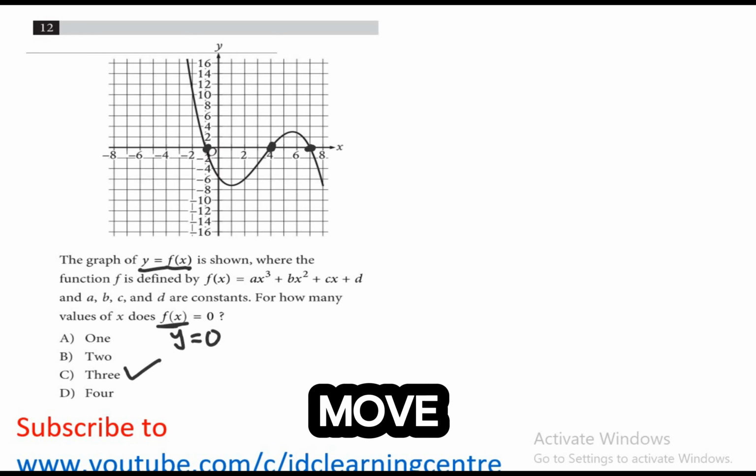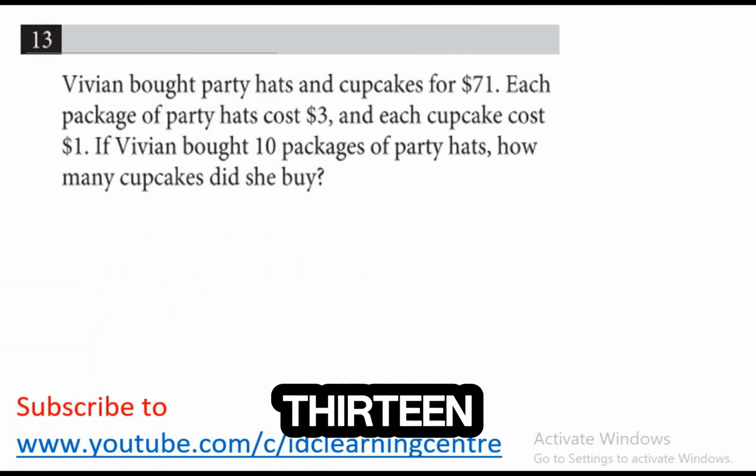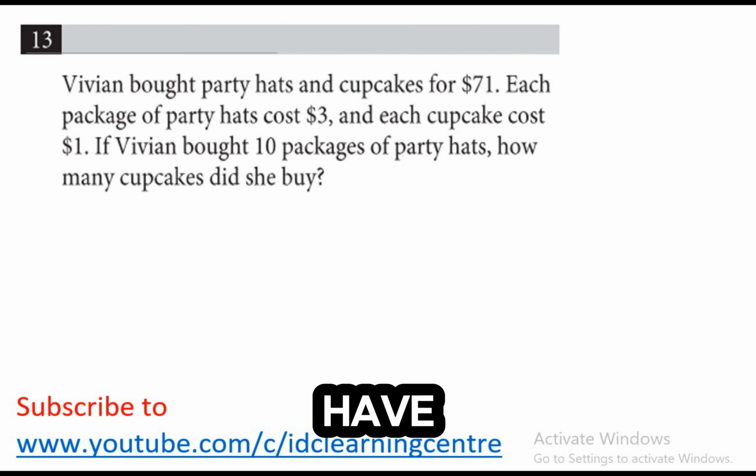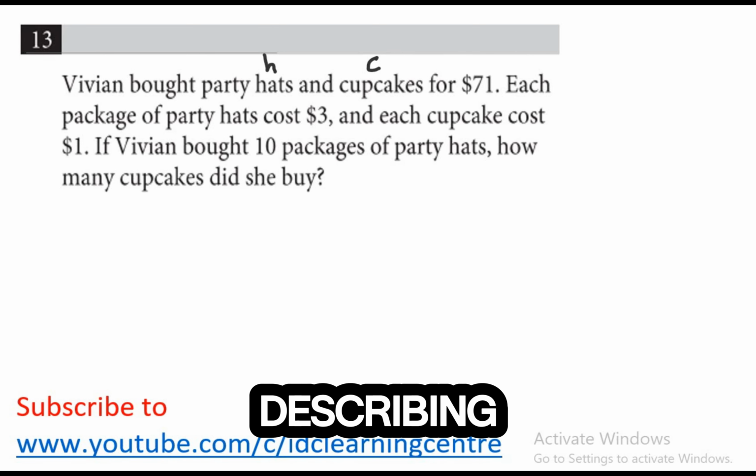All right, so we'll quickly move on to the next question, question 13. We have Vivian. She bought party hats and cupcakes. So we use H to represent the number of party hats and C to represent the number of cupcakes. It's advisable you use the initials to represent the items you are describing.